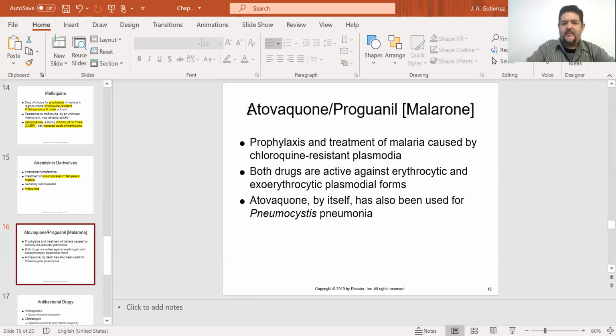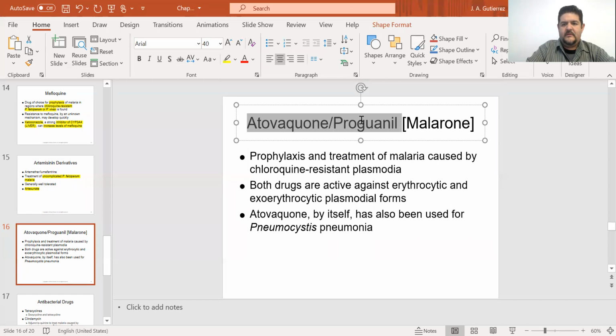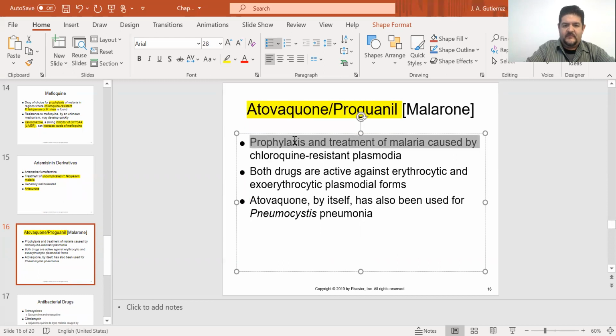Atovaquone mixed with proguanil. This one is used as prophylaxis in areas where I already have chloroquine-resistant malaria.